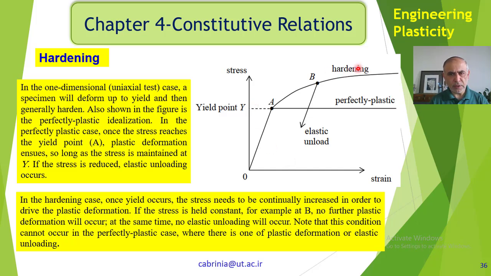We have introduced the idea of hardening before, and so what happens to the material is that if you unload it here and then start loading it, instead of point A, it goes on to point B, because when you unload it up to here, you got this much plastic deformation, permanent deformation, and therefore when you load it again, it starts from here and goes up to there, which is elastic, and it moves on here.